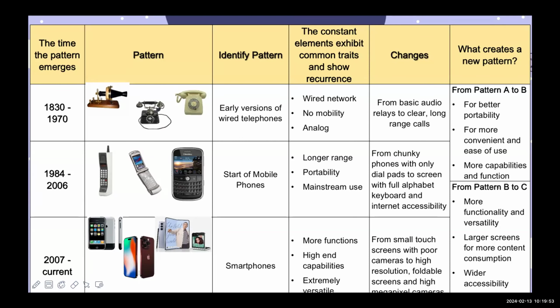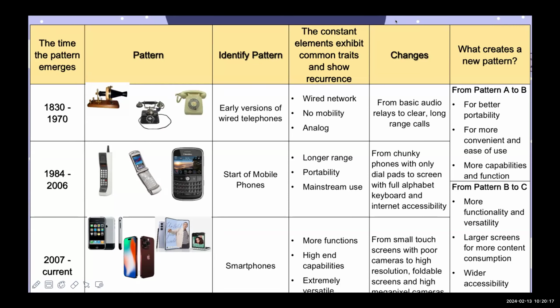So what created this new pattern is basically that there's only so much we can do with a keypad, and it's quite limited. The touch screen was the invention that revolutionized phones.